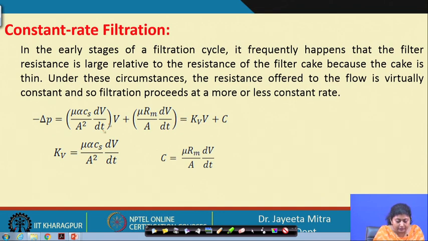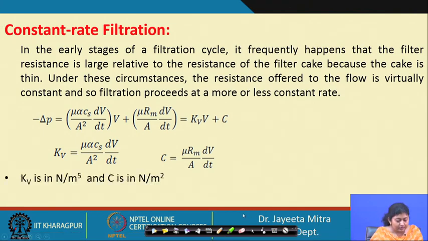We can write this as kV into V plus C, where kV is mu into alpha Cs by A square into dV by dt, and C is equal to mu into Rm by A into dV by dt. The unit of kV is Newton per meter to the power 5, and the unit of C is Newton per meter square.